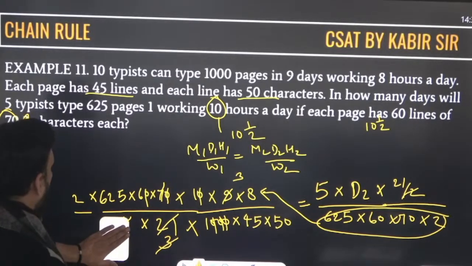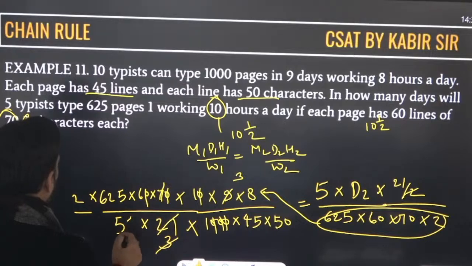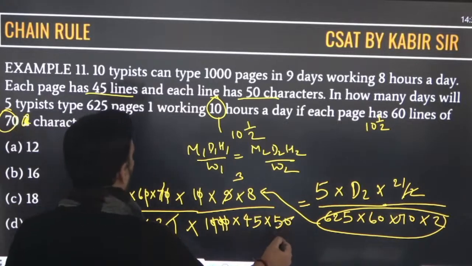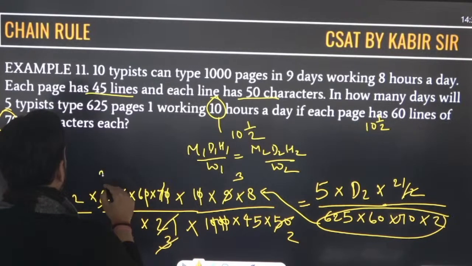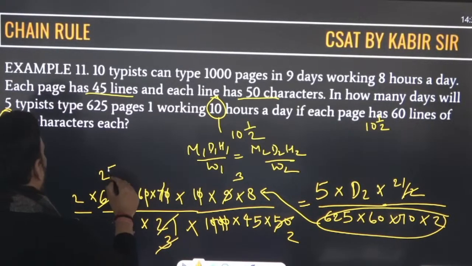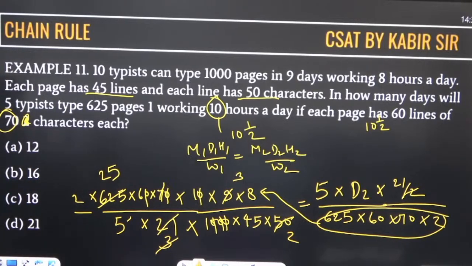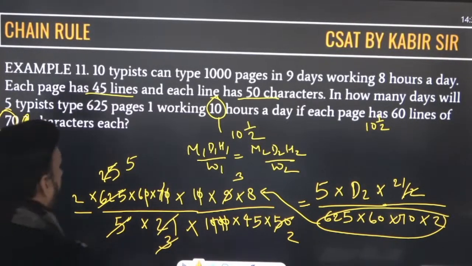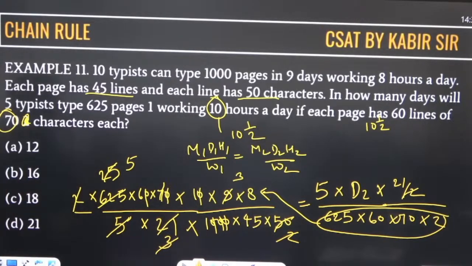Otherwise, directly you take 25. Go 2 times. Go 2 times. What is remaining? 1, 2, 5. So how many times? 5 square is this, right?